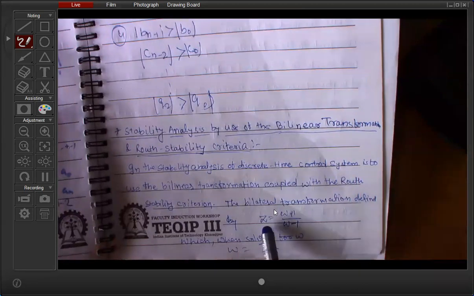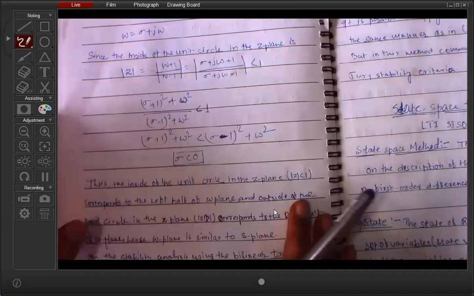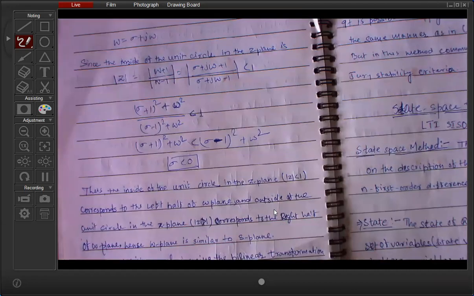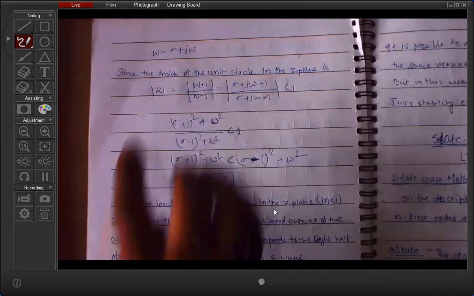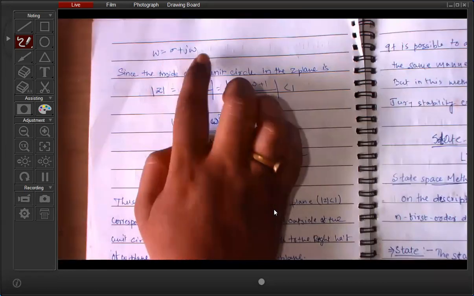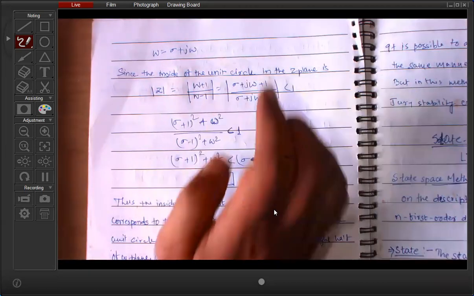In P(z), the Z variable is replaced by (W plus 1) by (W minus 1). Or if you solve, then W is equal to (Z plus 1) by (Z minus 1). Now suppose W is equal to sigma plus j omega.